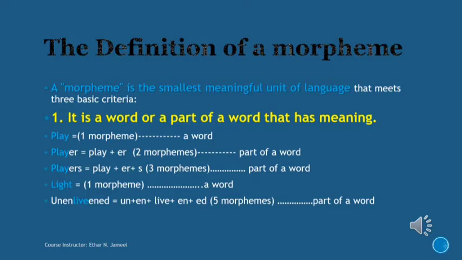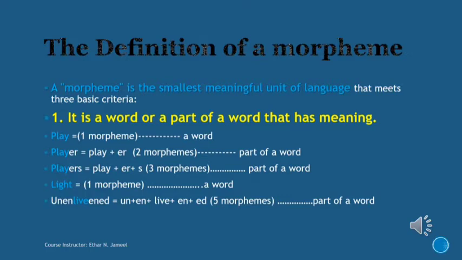And both of them have meanings. Play has a meaning and er has a meaning. So the word player consists of two morphemes and each one is a part of the word player.